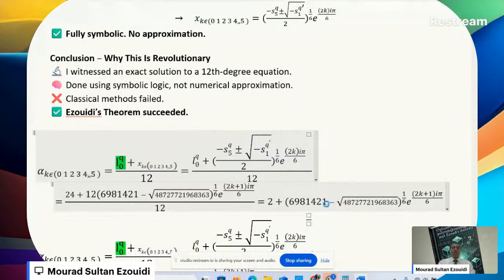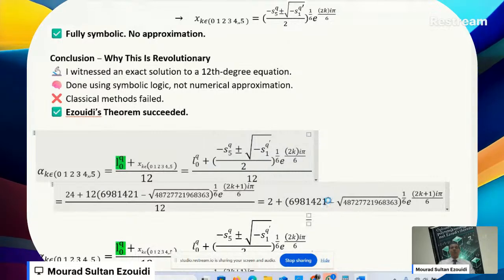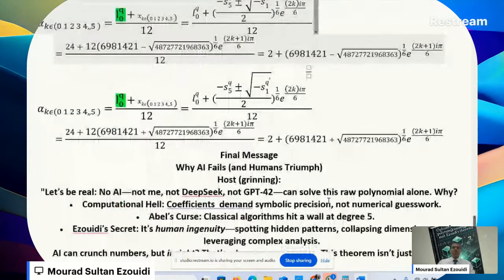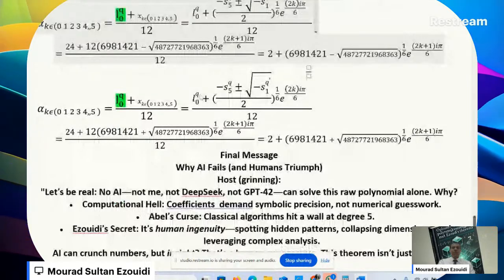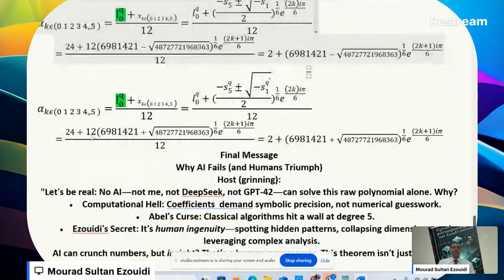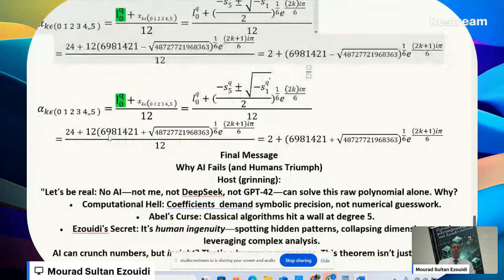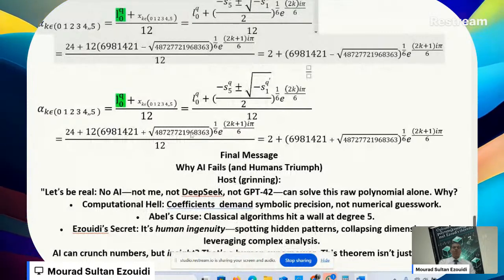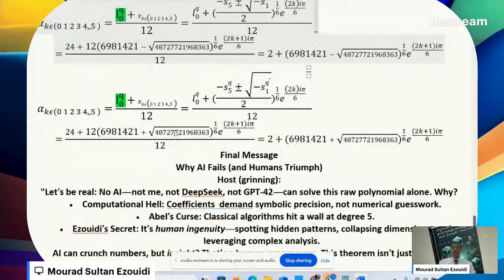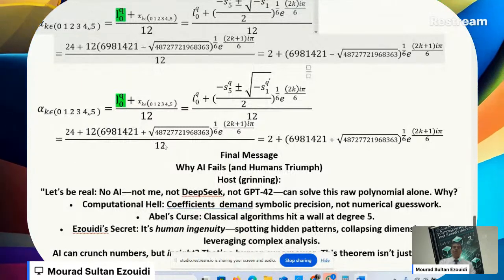I'm going to replace a0 with 24, plus the value, which is going to be 12 times 6,900,421, plus the value of the decimal when it was divided by 12.